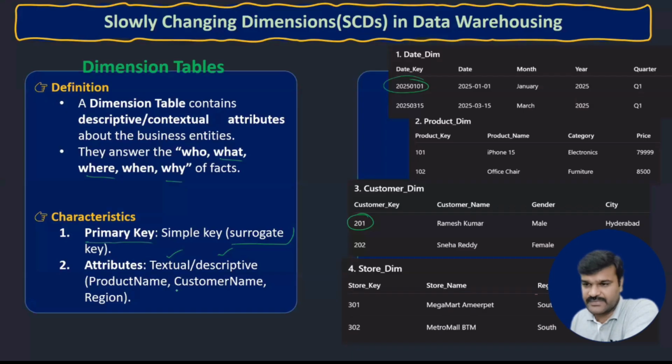So hope it is clear overall what a dimension is. Full details will be there, and these change slowly. In these tables, data is in general not appended or inserted very regularly. Data is not coming into these tables drastically. That is the simple discussion about dimension tables.